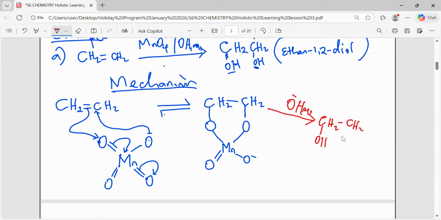The hydroxyl groups will attach to these ones, forming our final product. In simple terms, that's how we get our diol. Initially, we see the manganate breaking, and then when we add this hydroxide, that's when we form our final product.